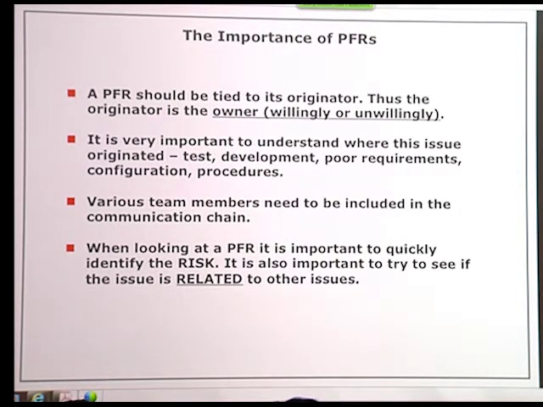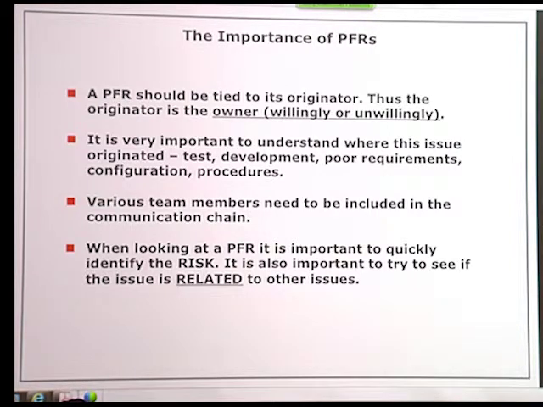When you're looking at a PFR, it's very important to quickly identify some sort of risk level. Is this something that can impact the mission in an adverse way? And also, is this issue related to other issues? Did this issue manifest itself as another PFR? Are this family of PFRs grouped together?